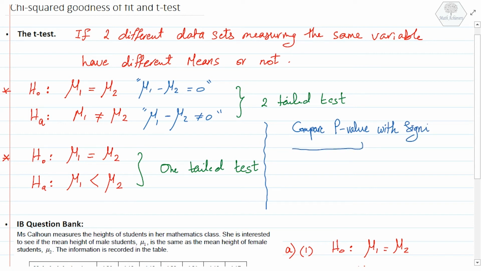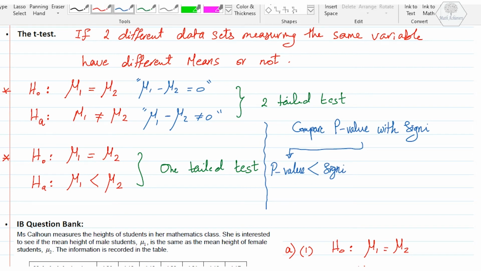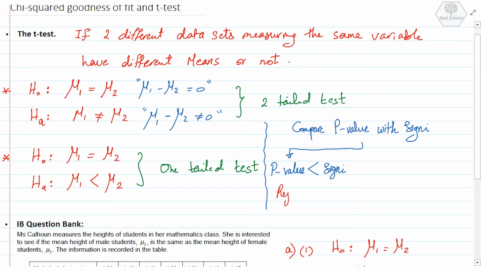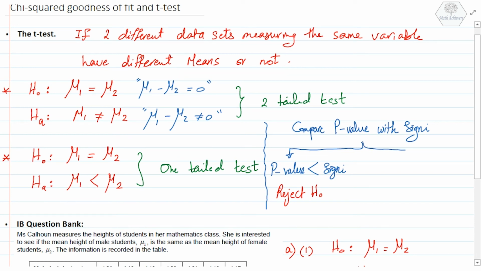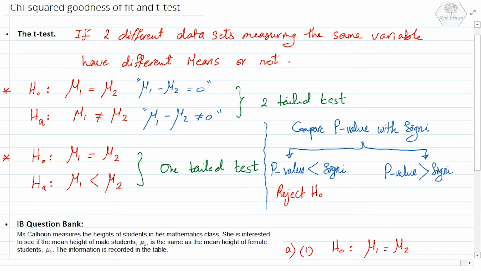If the p-value is less than the significance level, then we reject H0. If the p-value is greater than the significance level, then we do not reject H0.